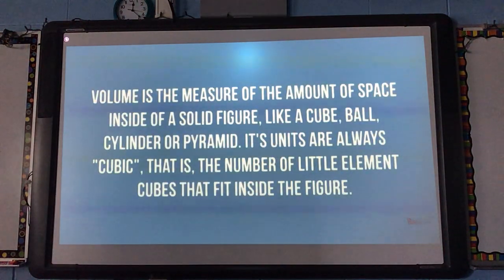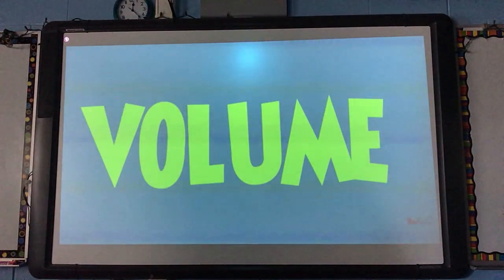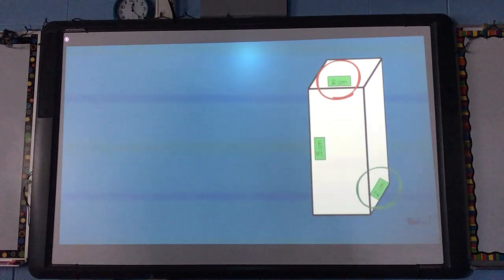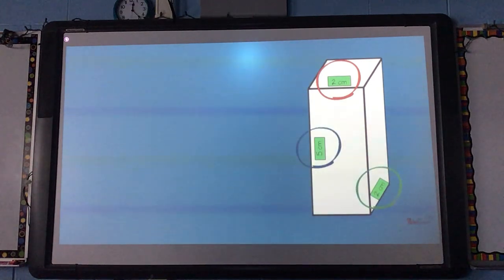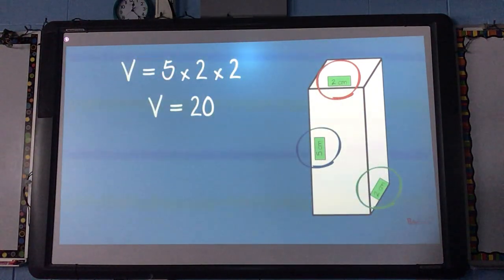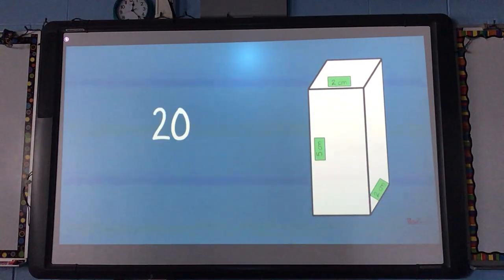Get it measured now. How much can go in? It's called the volume. You have found the volume. Make sure it's cubic units.